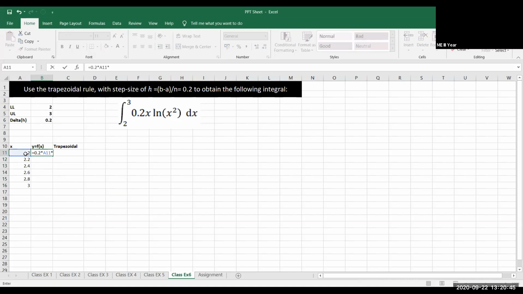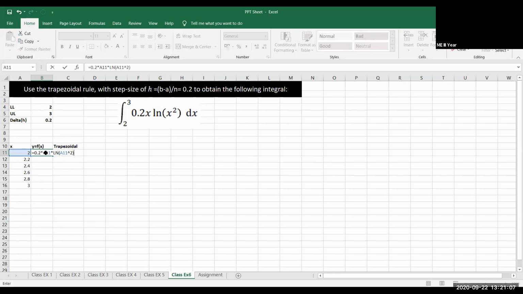Then no, the power 2 is there, so power 2, close it. Then our function is over.